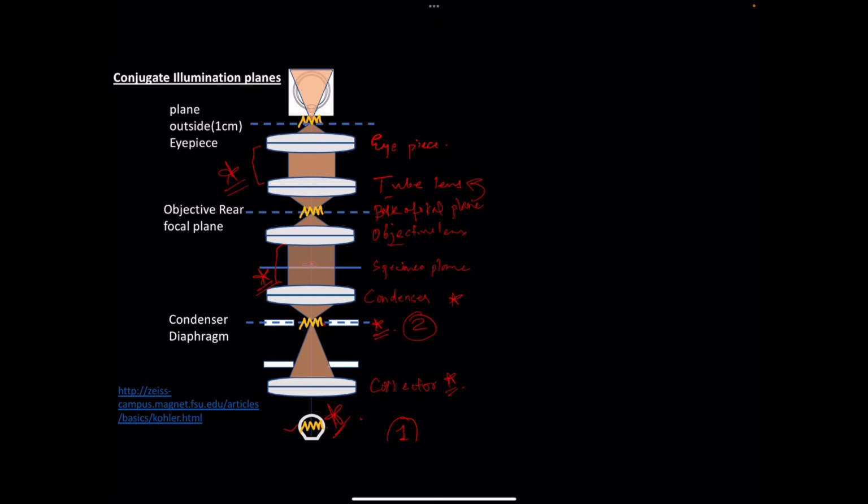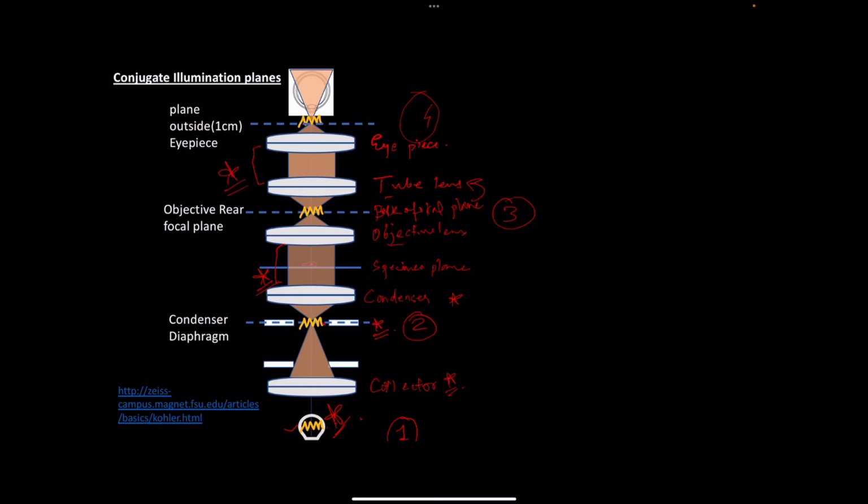Then you have the third plane, which is the back focal plane of your tube lens. So that's the third conjugate illumination plane. And then you have another plane, which is around 1 centimeter outside the eyepiece, and that will be the fourth conjugate illumination plane that you have.